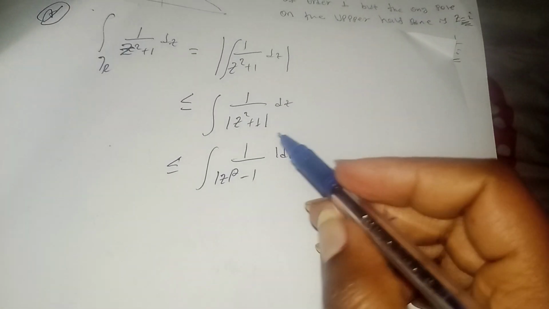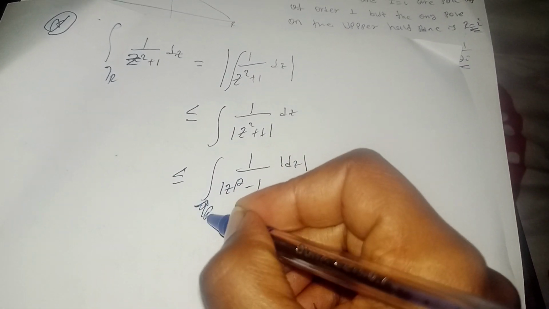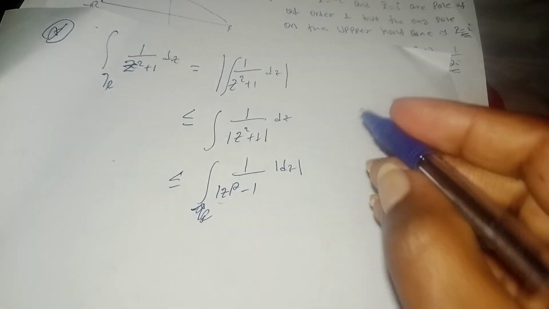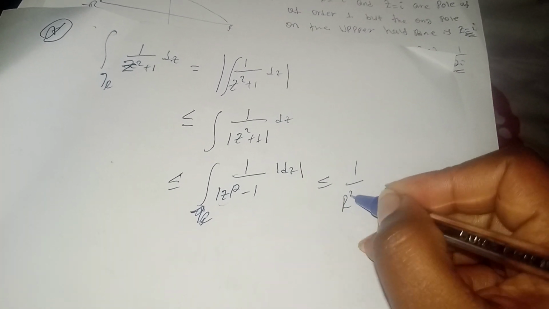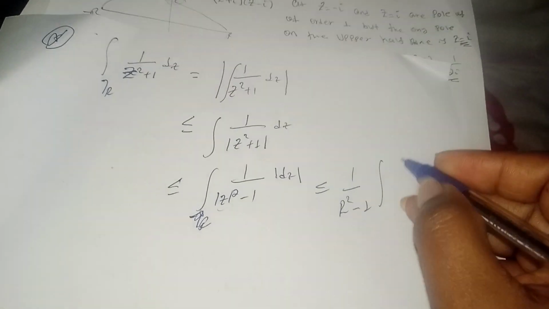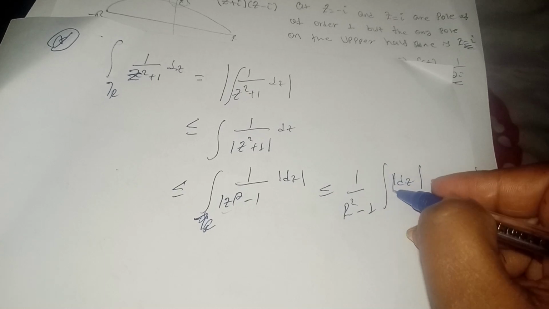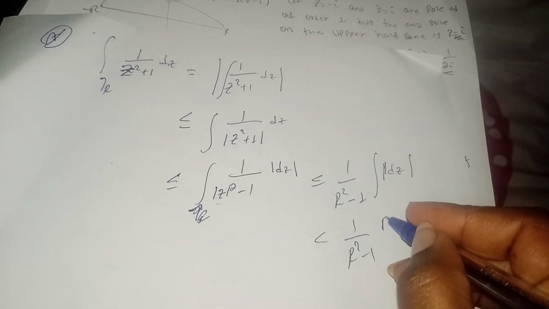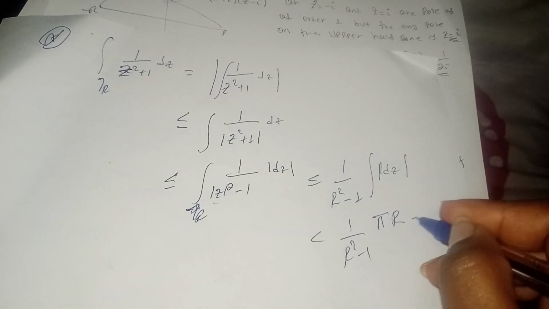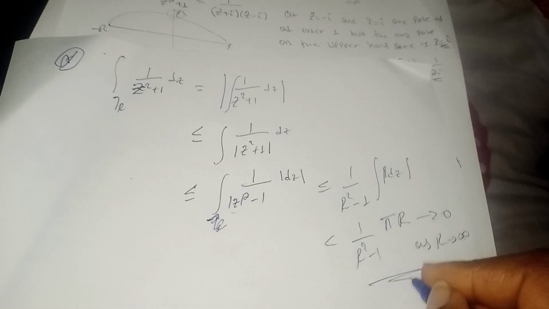We know the integral over gamma r, with |z| equal to r, is 1 over r squared minus 1 times dz. On the half plane it is a semicircle, so we have 1 over r squared minus 1 times pi r. This tends to 0 as r tends to infinity.